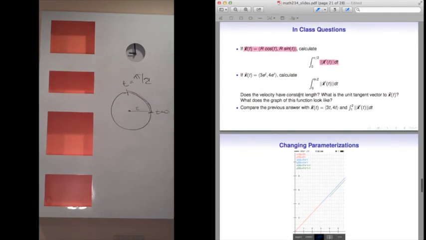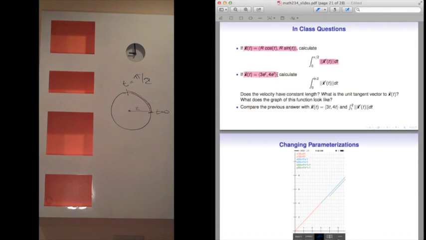And then there are two related cases. One of them is the function where I have 3 e to the t, 4 e to the t. I want you to think about what that curve looks like, and then calculate the arc length from 0 to log 2.